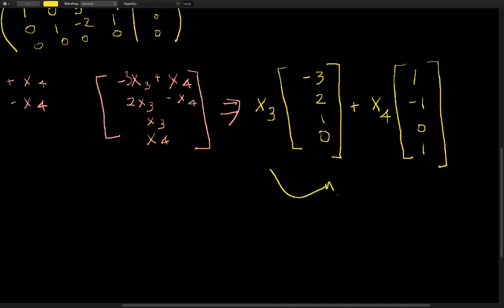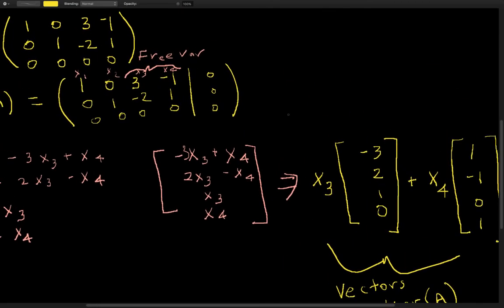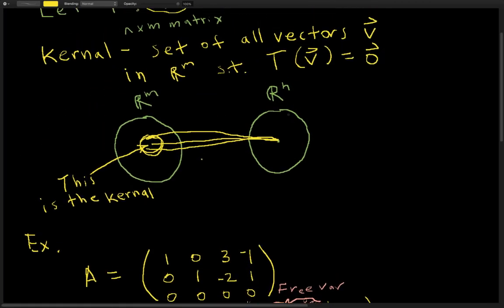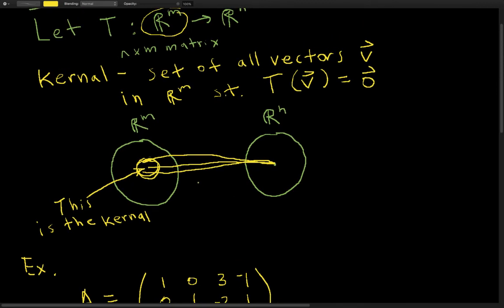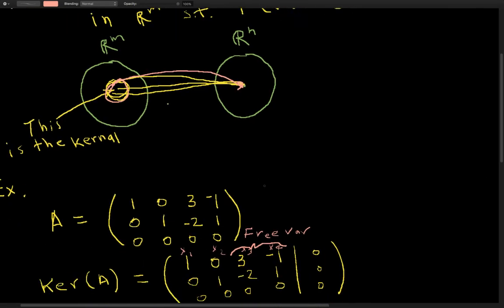So these two vectors span the kernel of A. What that means is that if we go back to this diagram over here, these two vectors are creating this space of all the vectors that go to this point over here, which is the 0 vector.